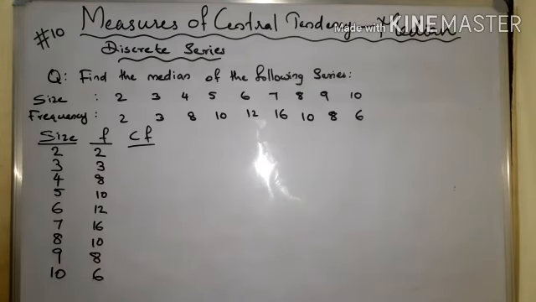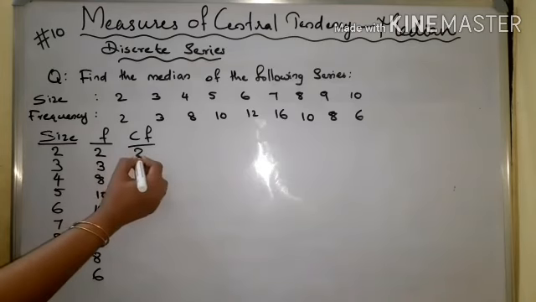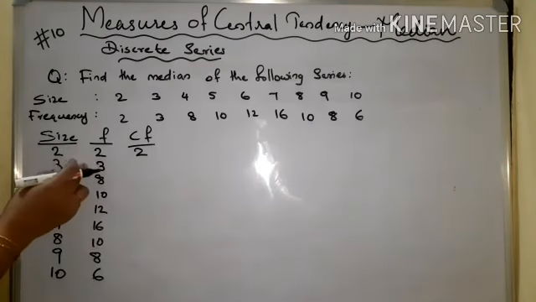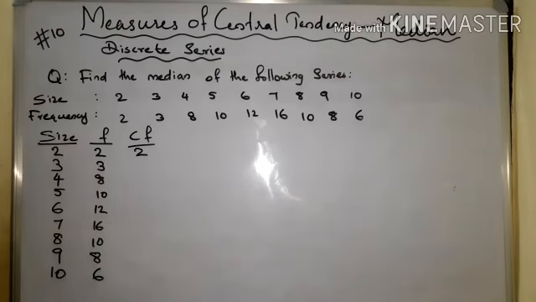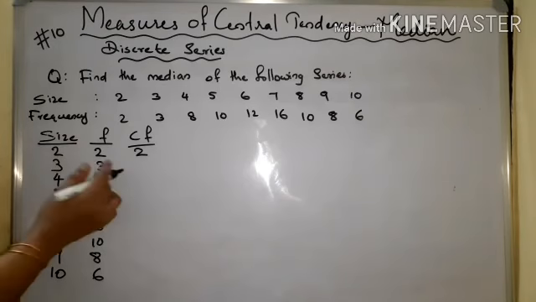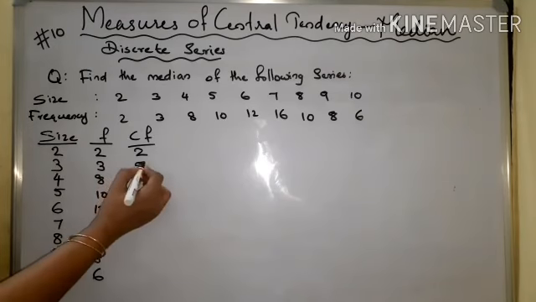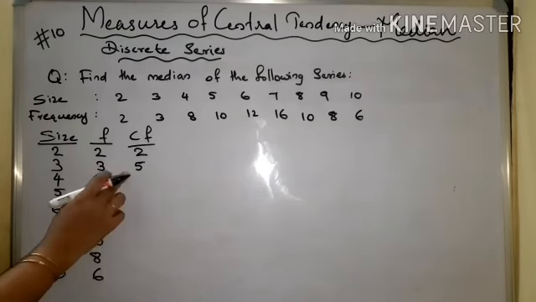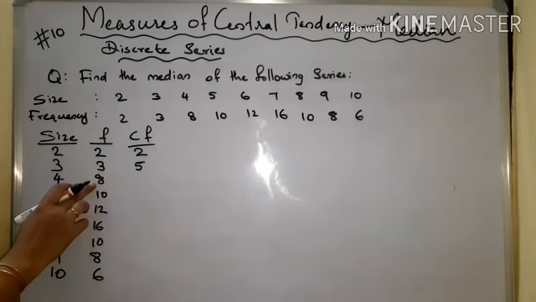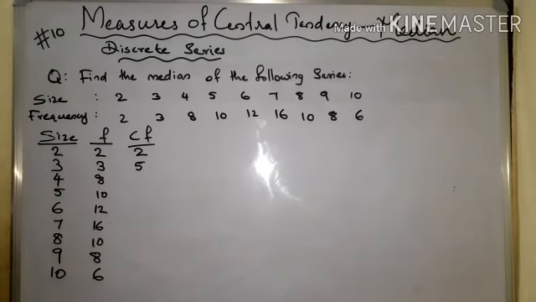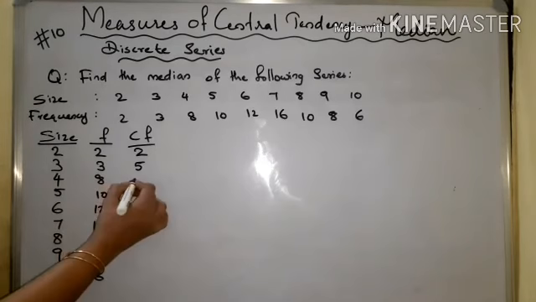Then how can we find out the cumulative frequency? The first frequency you write the same, 2. Then add the second frequency to this first one. 2 plus 3, that is 5. Then this 5 you add with the third frequency 8. 8 plus 5, that is 13.